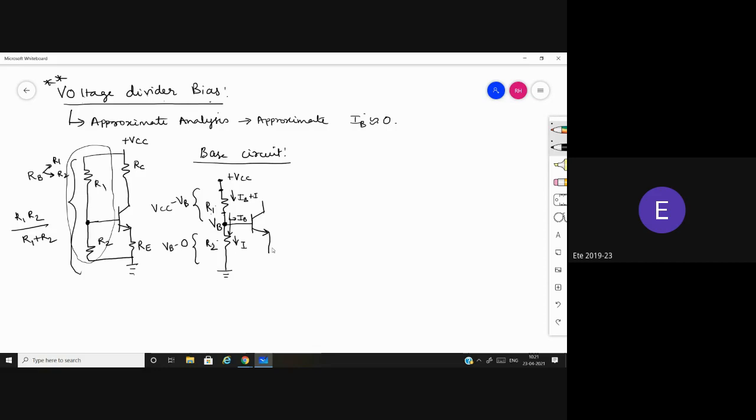So the voltage at this point, VB, will be obtained by applying the voltage divider rule to this circuit. So what is the voltage divider rule?